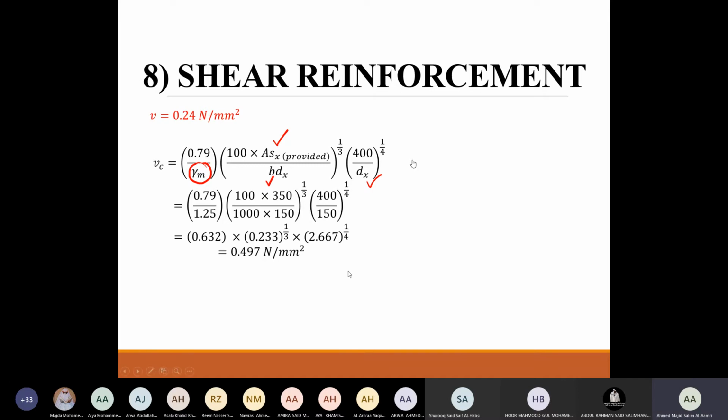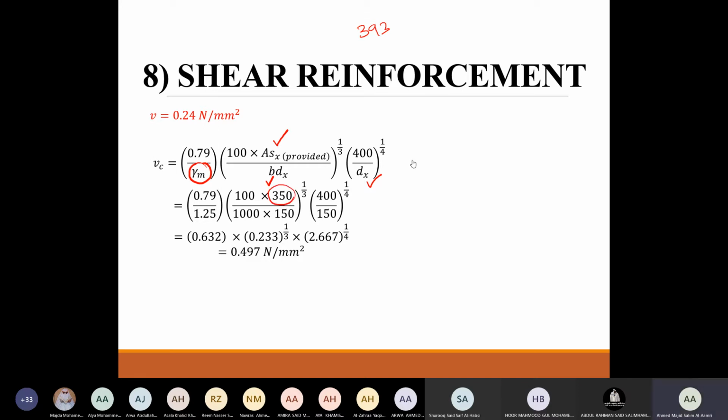So we have taken 0.79 divided by 1.25 multiplied by 100 into As provided. Now it depends. If you are using the table, then this value is going to be 393 if you remember. If you are using the way that I have told you, which is area multiplied by the width divided by spacing, I have picked 350.